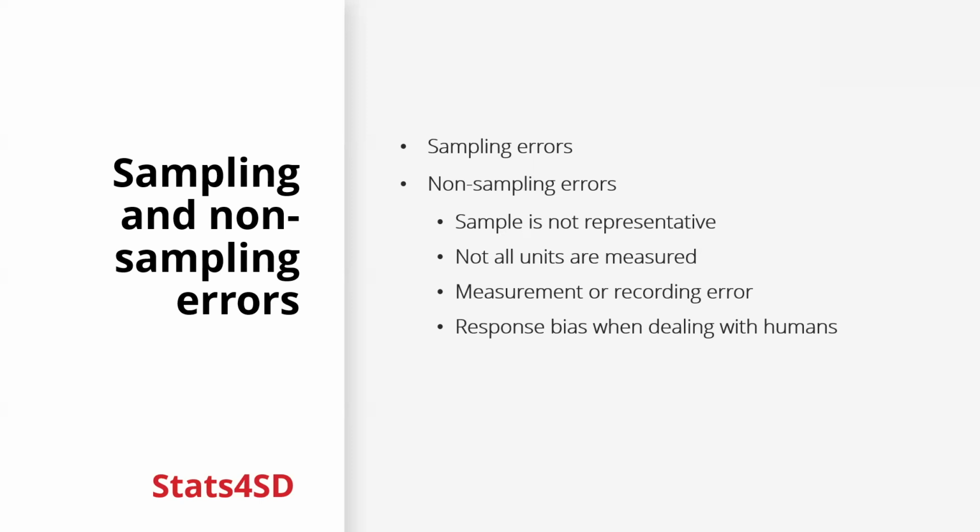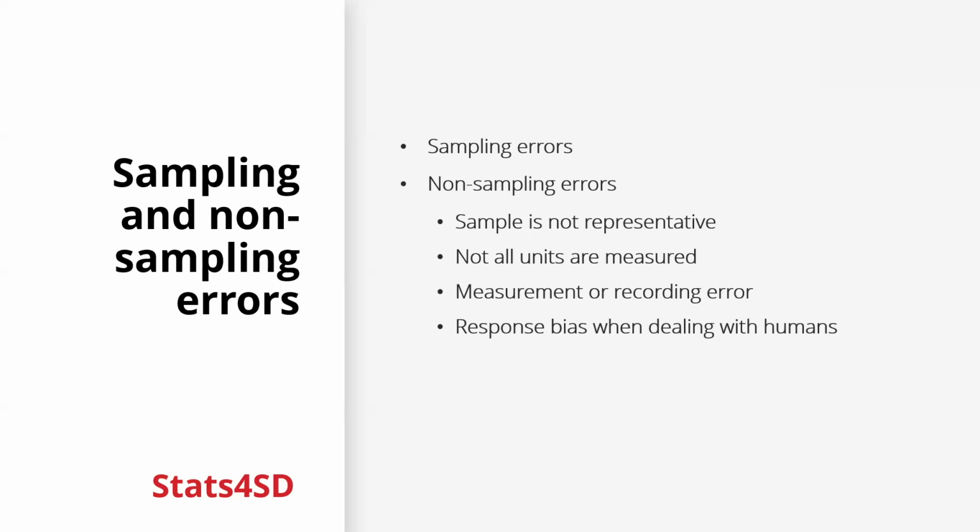We will not measure all the units, for example, a non-response in a survey, or an animal or a plant that dies during experimentation. We may also measure the characteristic with measurement or recording error. For example, in the humpback dataset, there are 31 whales with length equal to 0. We can have larger or shorter whales, but we cannot have whales of length equal to 0. That's impossible, so this is a measurement or recording error.